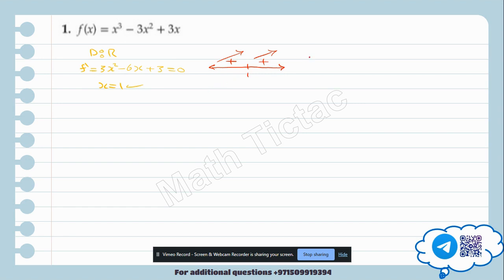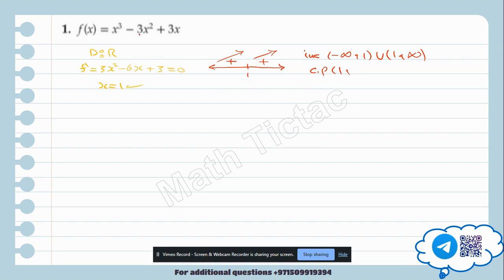So I will write the increasing interval: from minus infinity to 1 union 1 to infinity. No decreasing intervals.